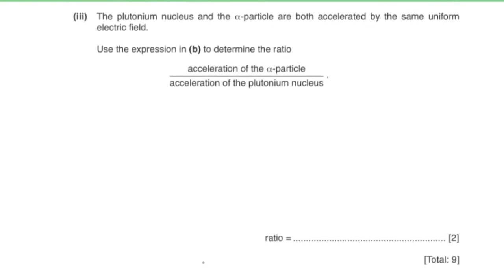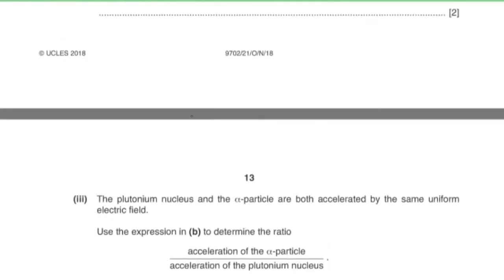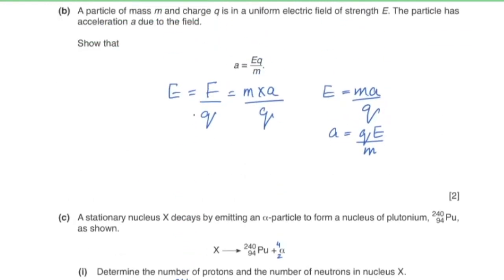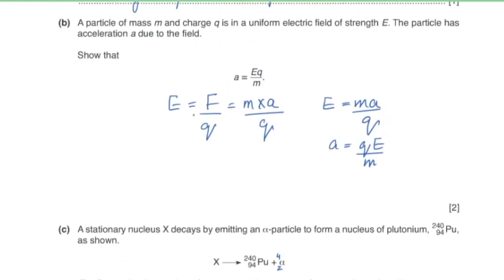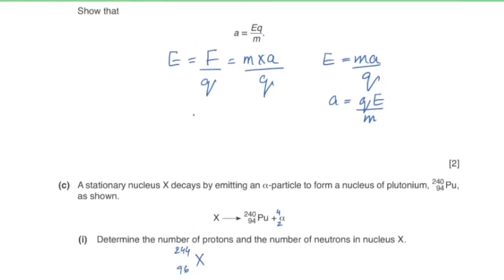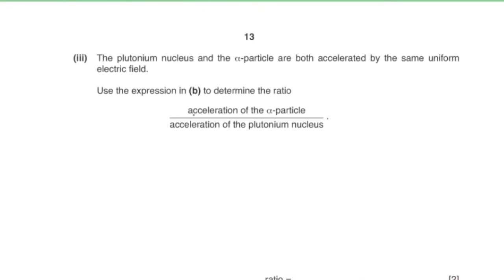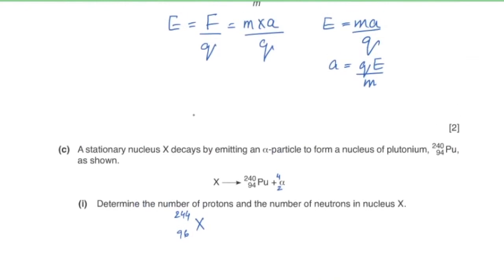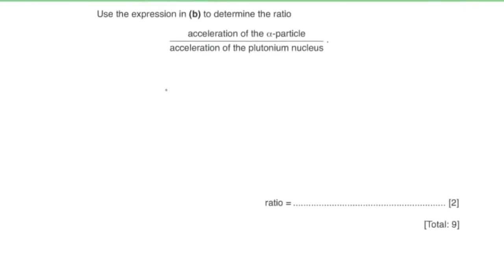Part 3, the plutonium nucleus and the alpha particle are both accelerated by the same uniform electric field. Use the expression in part b to determine the ratio. So acceleration of the alpha particle, according to the formula in part b, is equal to charge by mass, since we have kept both the alpha particle and the plutonium nucleus in the same electric field. So we are going to ignore E. We'll consider q by m.